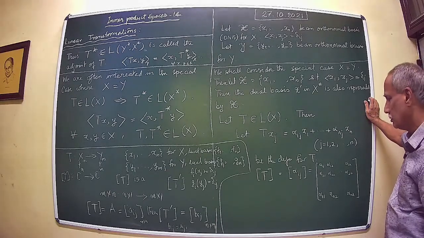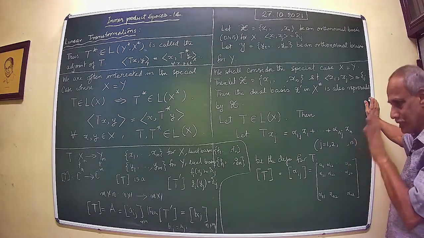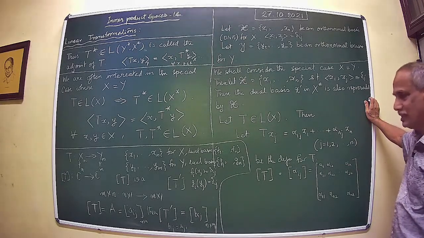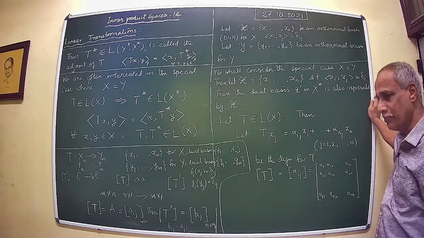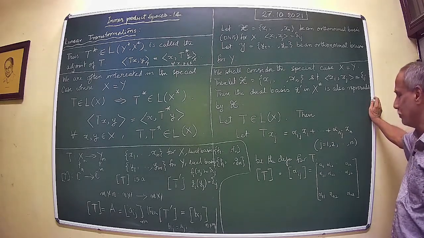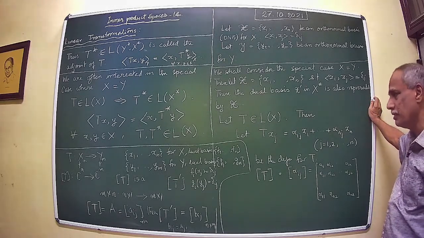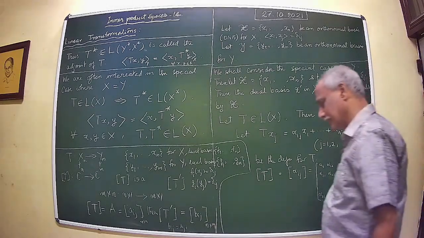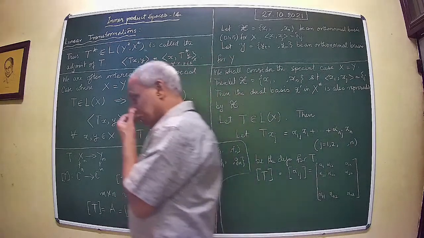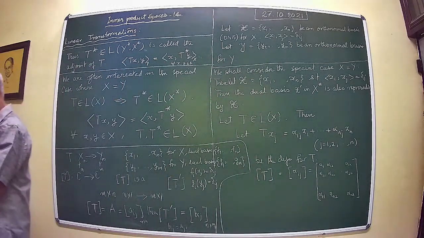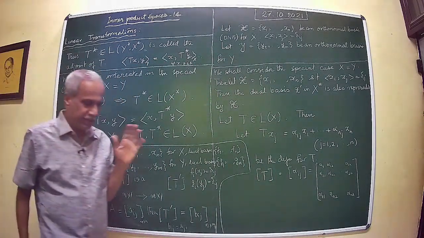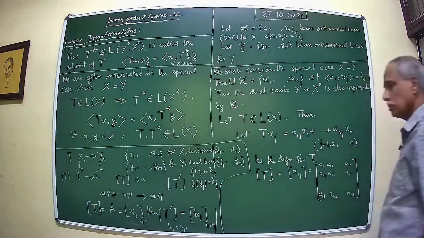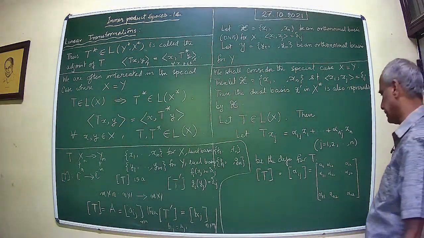This we have seen earlier, how the matrix representation for a linear transformation can be obtained once you have a basis chosen for both domain and range. Here the advantage is that you are choosing the same basis for both domain and range, because we are taking y equal to x. So this is what one has.